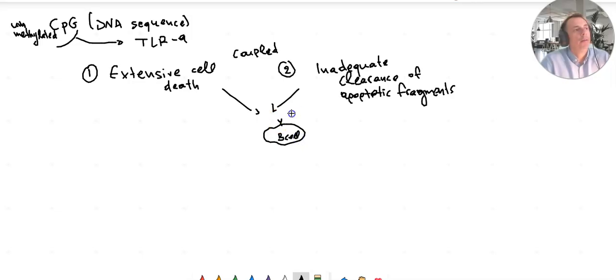So you've got a B cell with a BCR, and this can bind to an unmethylated CpG. Where does this come from? This is a self-antigen coming from an apoptotic cell in the case of extensive cell death. And why is this a self-antigen?